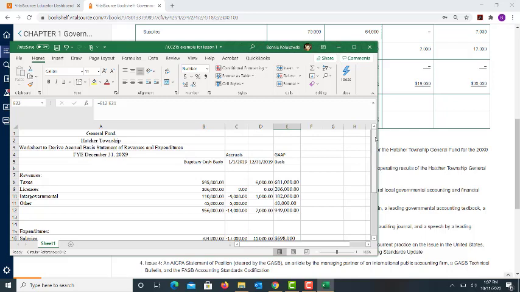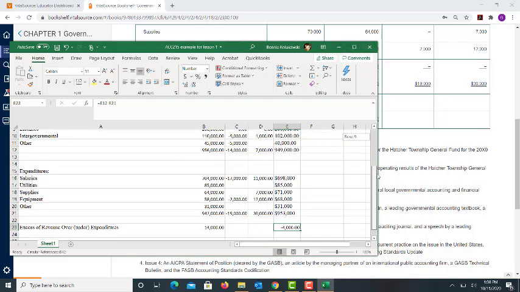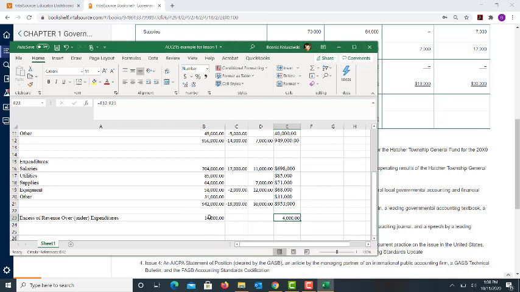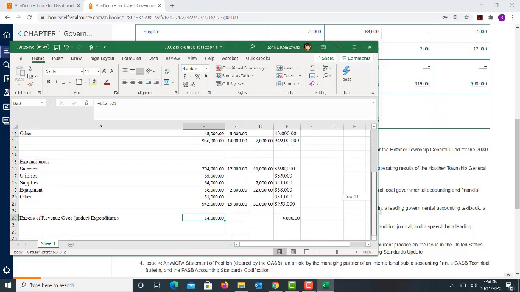I'm not going to give you the answer because this is what you're going to need to figure out when you complete the assignment on your own. But think about the large difference between the budgetary cash basis and the GAAP basis.